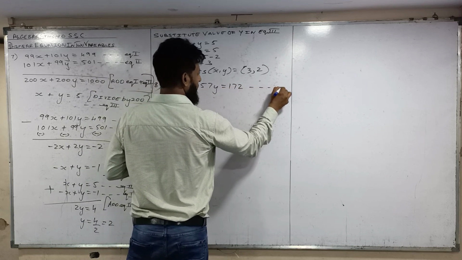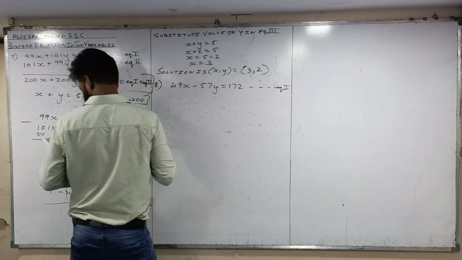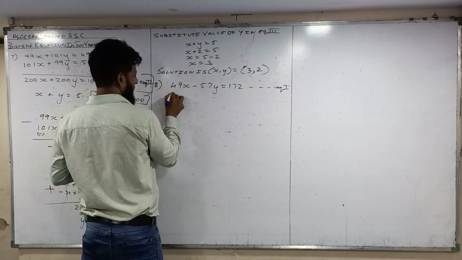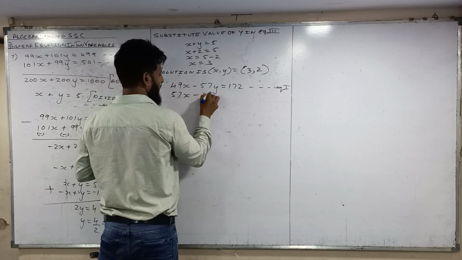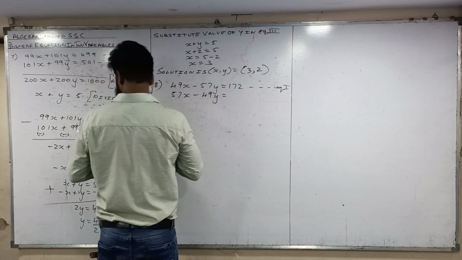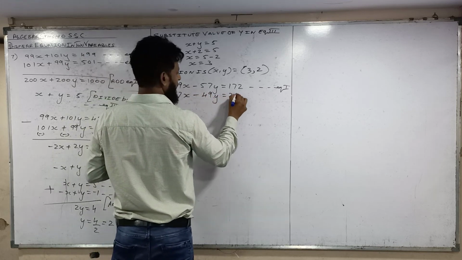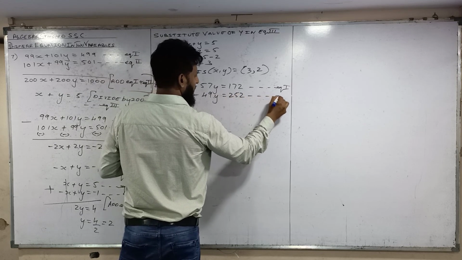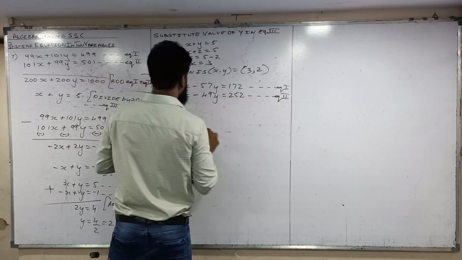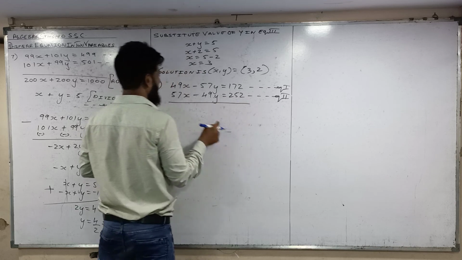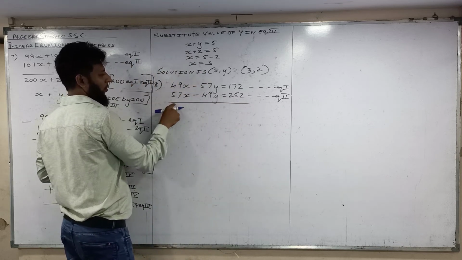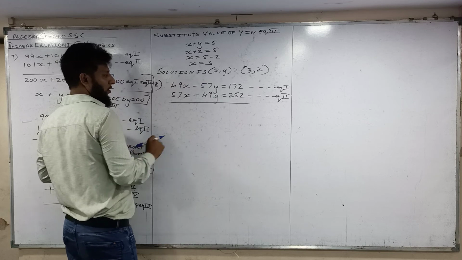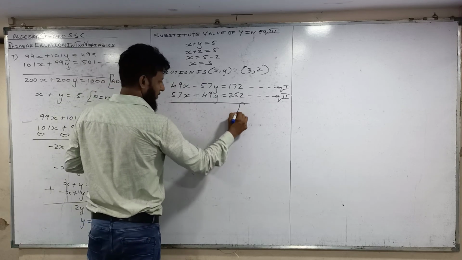This is your equation 1. 57x minus 49y is equal to 252. Equation 2. Again, you can see these cross numbers are same. Okay, in each sum. So again you have to add the equations.